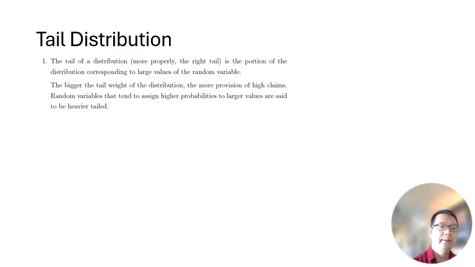That's why it's very much the focus of actuaries. They want to understand what percentage these larger claims will be, or how much the heavy claims will be, whether it will drive the company's profit, and whether you should reserve more for tail distributions. These kinds of things.